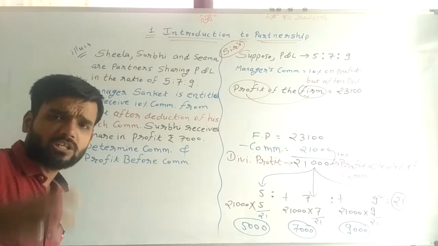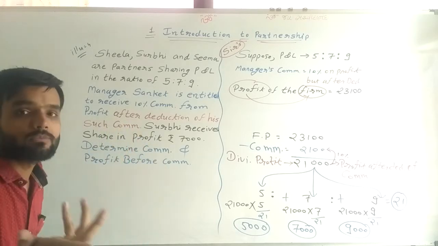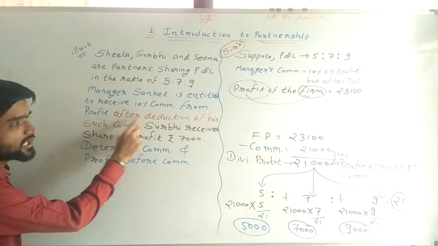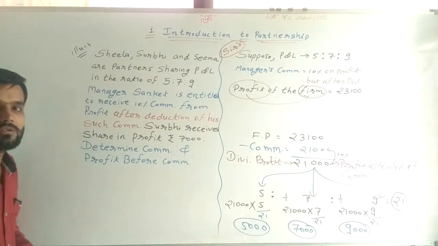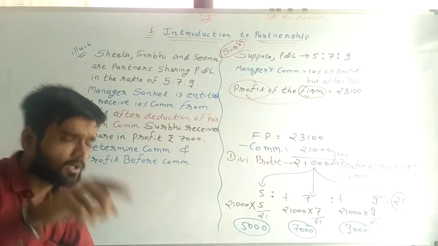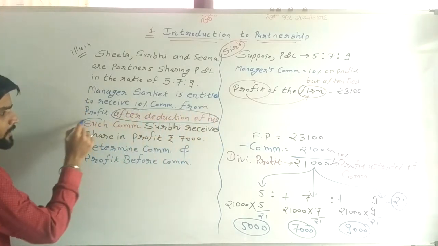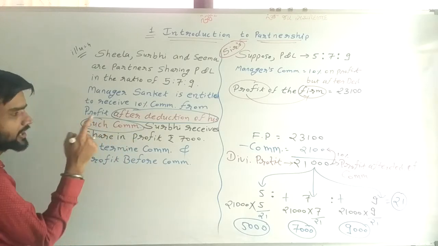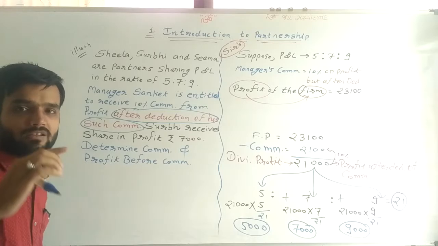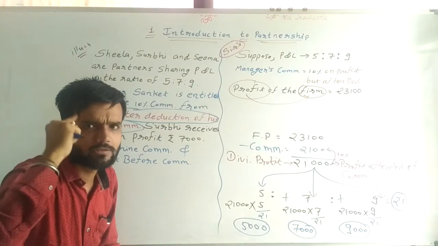But how are we giving commission to the manager? For that, of which amount? From profit after deduction of his such commission. From profit after deduction of such commission. And whenever his such commission is given after deduction, then in your mind two formulas must click.